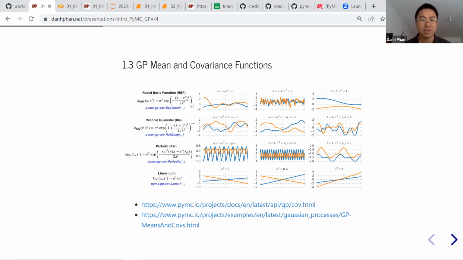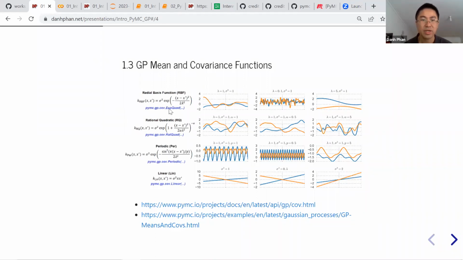Exponential of this function. We also have what I call sigma square here, or eta square here. This one is not in PyMC, so we need to create another variable here and multiply with one here.